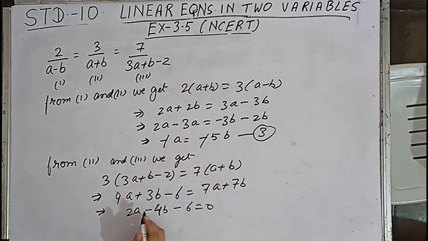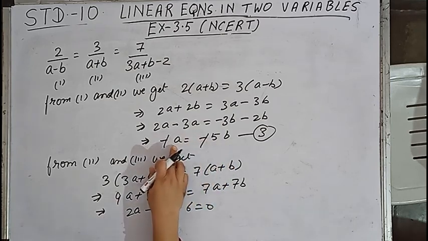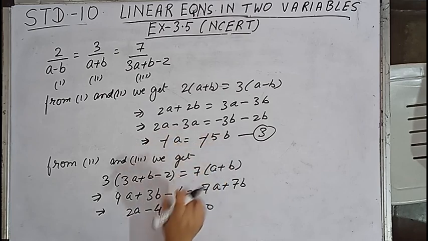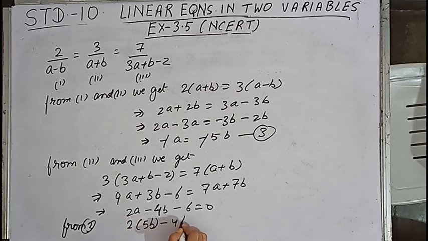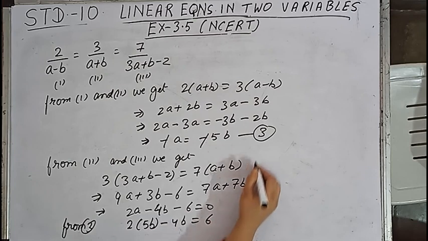So let us do the substitution only over here because we have got a = 5b. So from 3, 2 into 5b - 4b = 6.